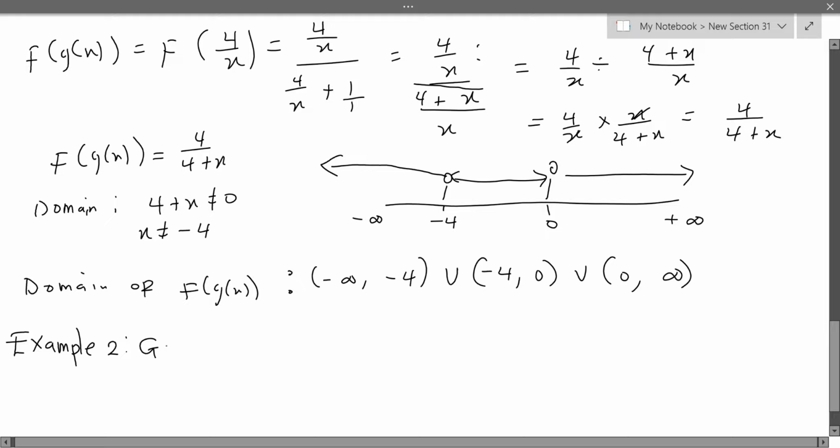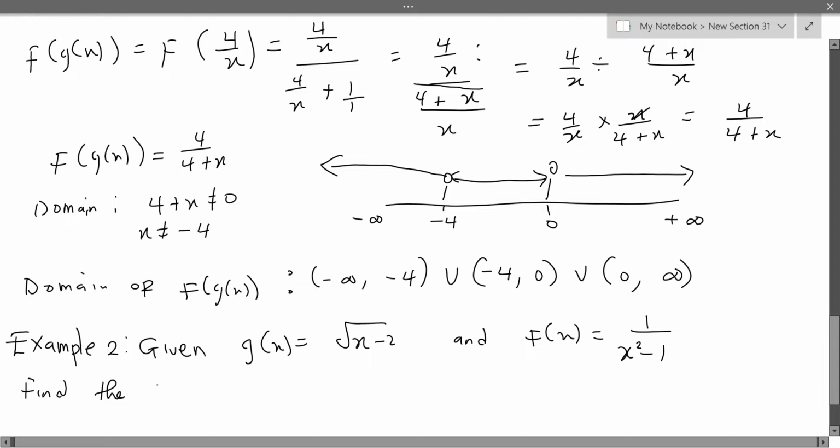Say given g of x to be square root of x minus 2 and f of x to be equal to 1 over x squared minus 1. So find the domain of f of g of x.